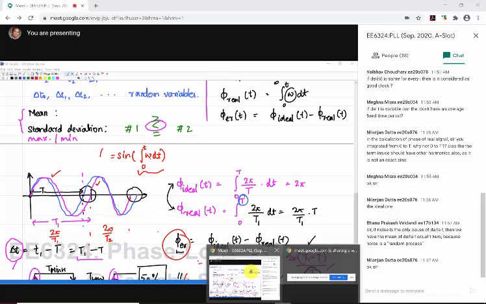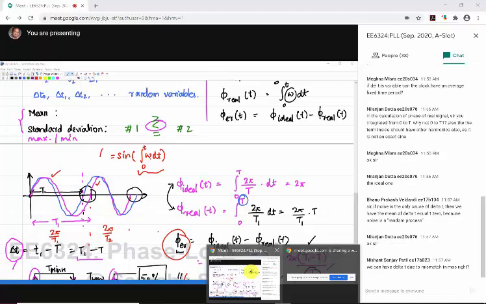Next question: if noise is the only cause of delta t, then the mean of delta t is equal to 0 because noise is a random process. Well, in case of PLL, it is not correct. Bhanu, to answer your question, noise is surely a random process and has mean 0.